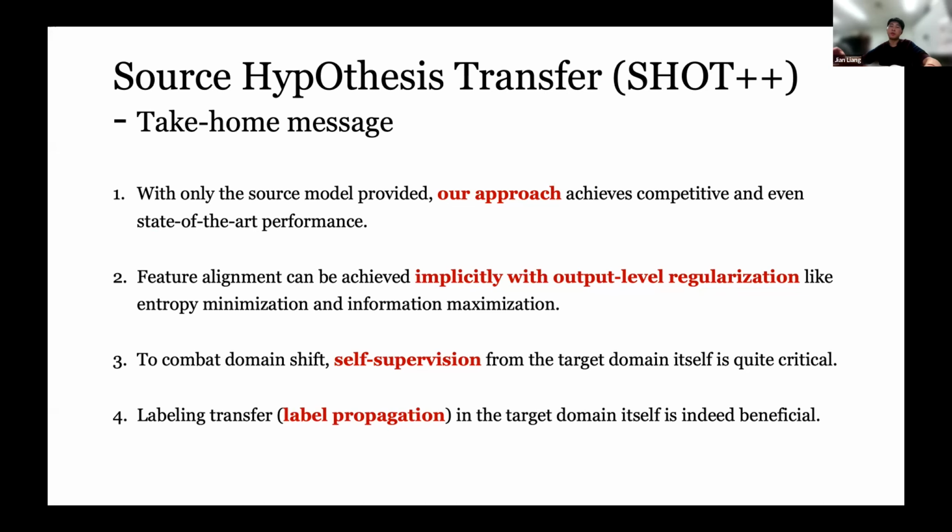Most prior methods try to use adversarial training or distribution difference minimization to achieve the feature alignment. To combat the domain shift, self-supervision is also useful for domain adaptation problems. At last, labeling transfer, also using semi-supervised learning techniques, is also useful for these problems.